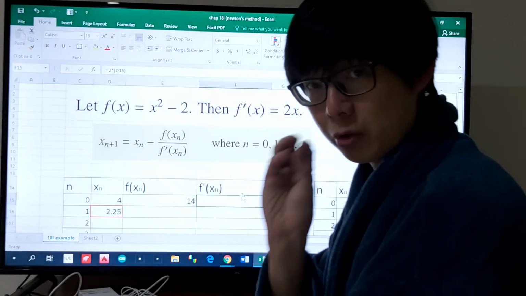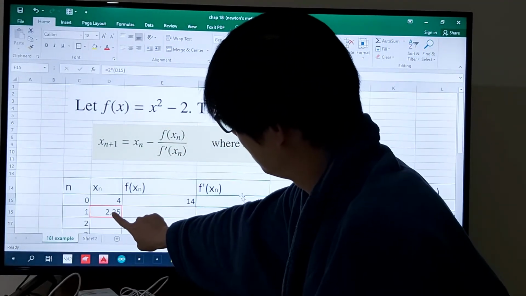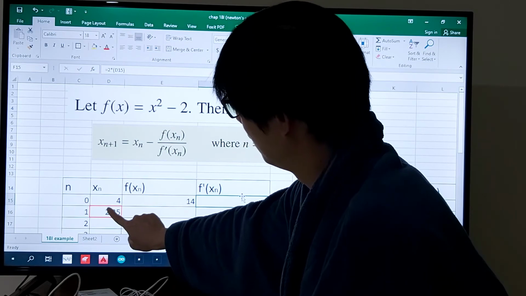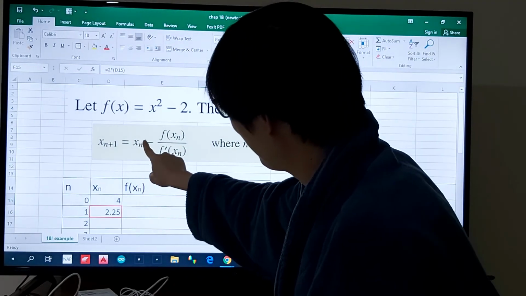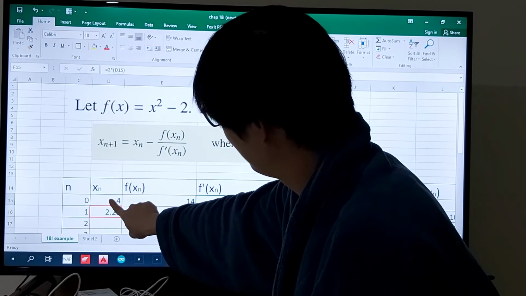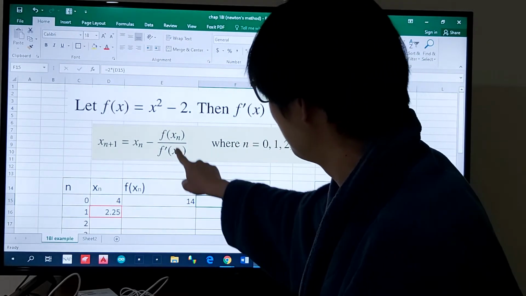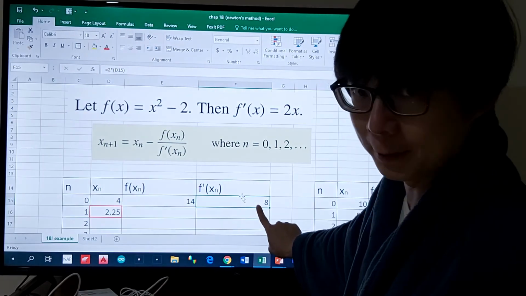Now comes the most crucial part, this number. How do you get this number? This number is actually xn plus 1. So it equals xn, which is this number, minus this number divided by this number.